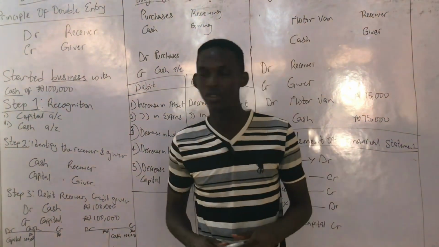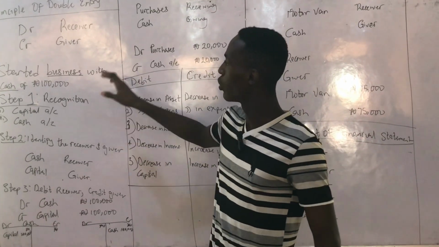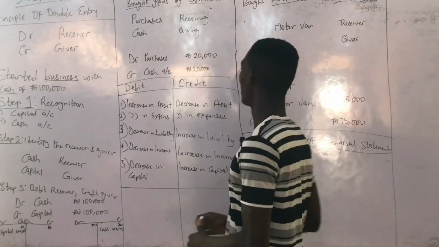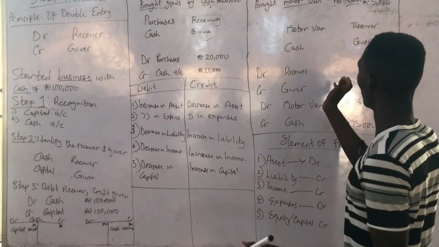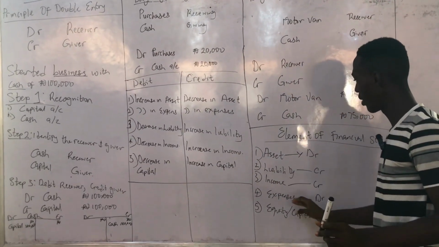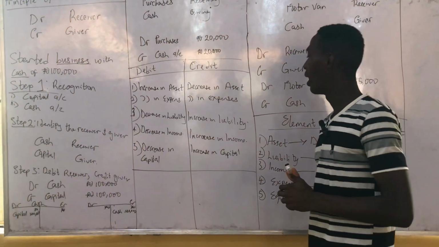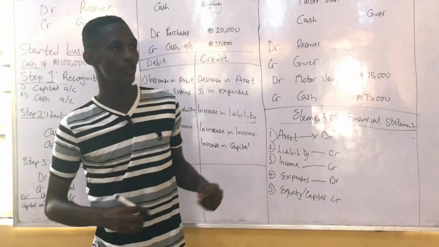You will always have a problem with it. So try as much as possible to understand and digest this very well so that it will help you in the future. There are these 5 elements of financial statement. I won't be explaining them in this video. I'll be shifting it to our next video.